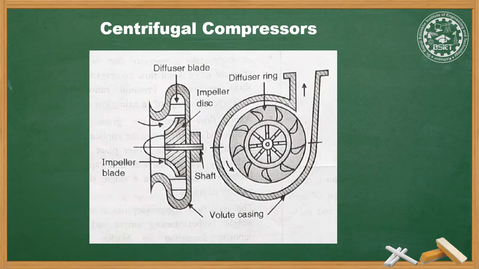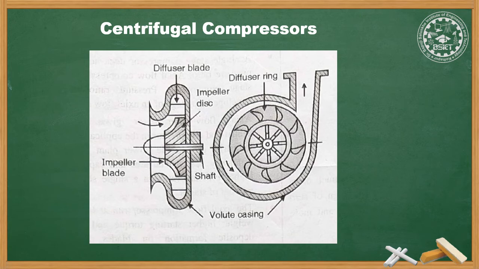The impeller rotates with the shaft at high speed and air is drawn into the impeller eye in an axial direction. The air flows radially outwards through the impeller passage due to centrifugal force and kinetic energy is imparted to air with some static pressure as shown in figure.